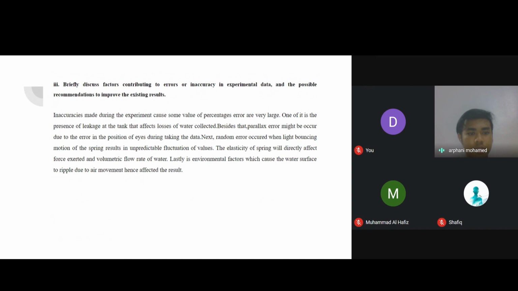Besides that, periodic error might occur due to error in the position of the eyes when taking the data. Next, random error occurred when slight motion of the spring results in unpredictable fluctuation of values. The elasticity of the spring will directly affect the force exerted and volumetric flow rate of water. And lastly is the environmental factor, which causes the water surface to ripple due to air movement, which affected the result.